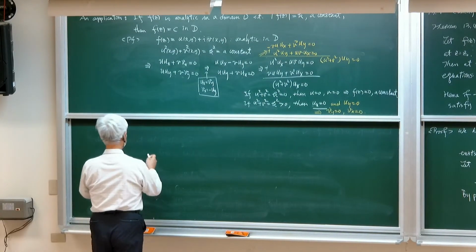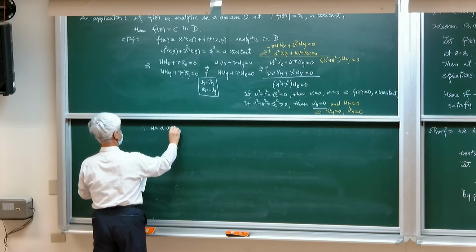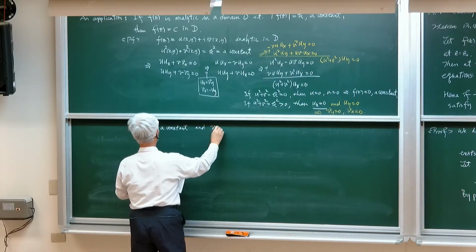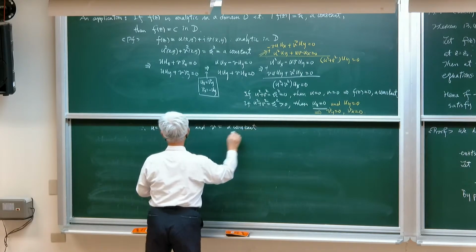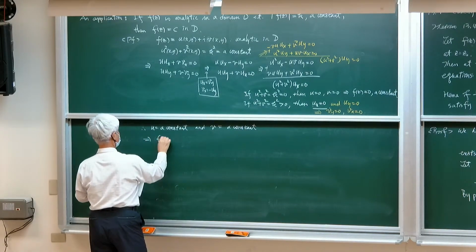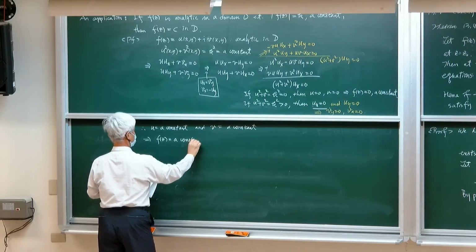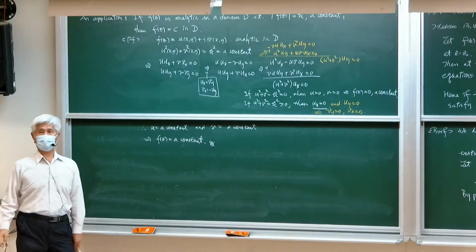So u is a constant, and v is a constant too. So this implies that f(z) is a constant, and we are done.